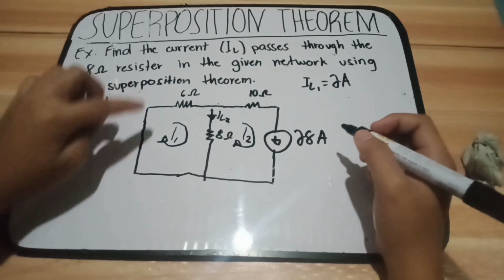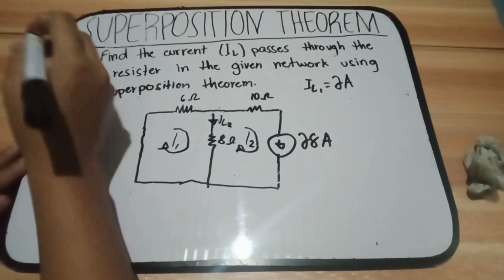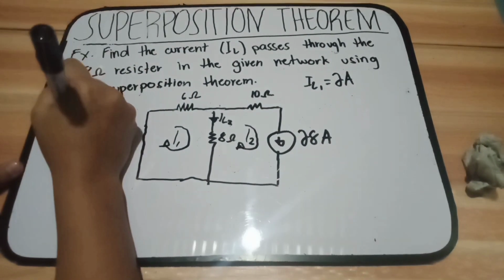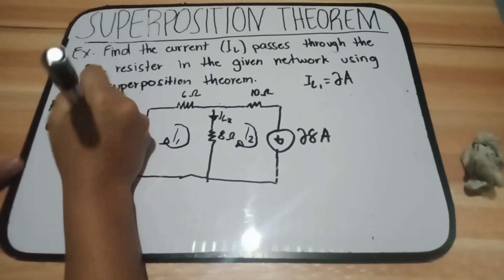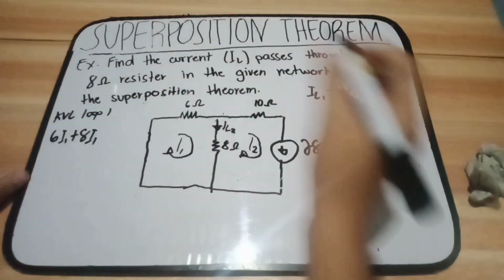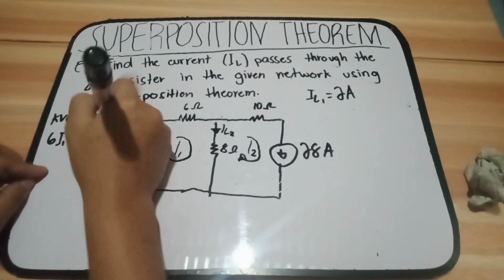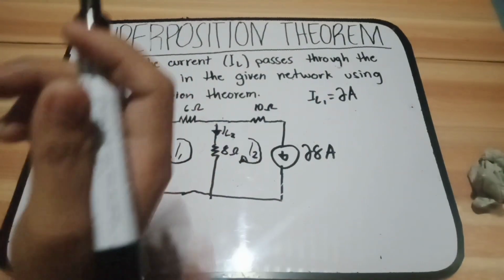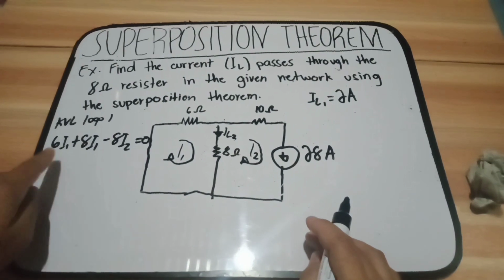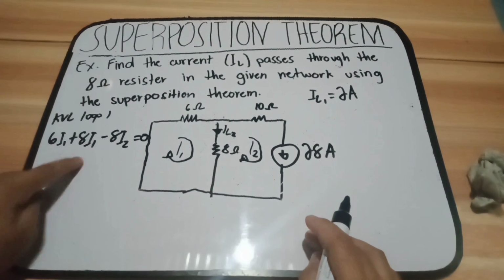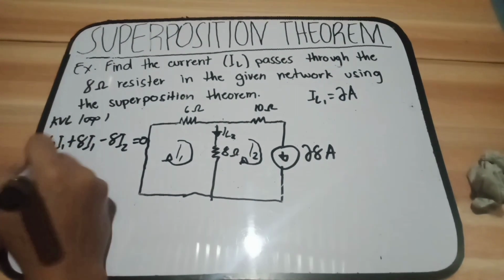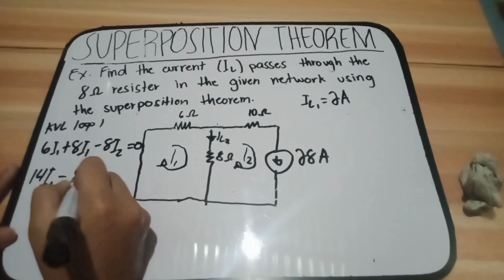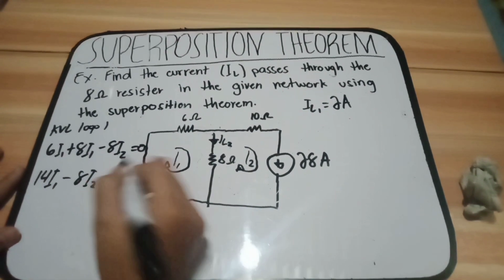In loop 1, we have 6 I1, current 1, plus 8 I1 minus 8 I2 is equal to 0. So, pagsamahin natin ang I1. 6 plus 8 is 14 I1 minus 8 I2 is equal to 0.